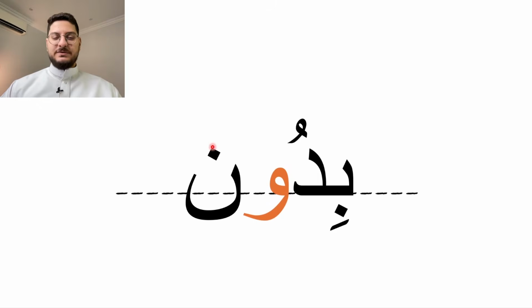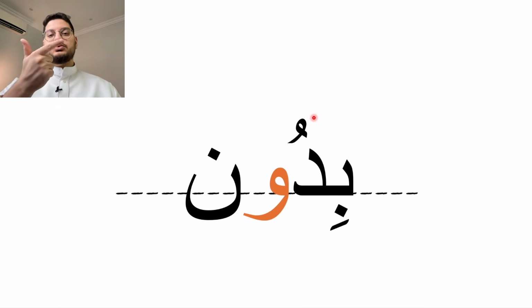Let's look at this one, and this is a very useful word actually. The first letter we have has one dot below. What does have one dot below? Ba. And it also has a kasra, so it's bi. And then what do we have? We have the do in here, right? Remember, do, with the dhamma it's du. And then what do we have? We have the wow in orange, so it's a long vowel and it's making the du twice as long.